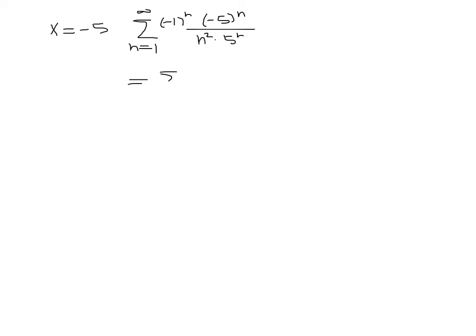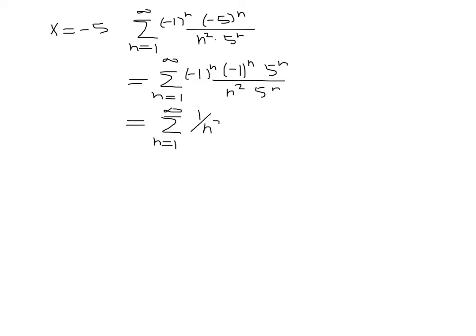So that will be the sum from n equals 1 to infinity, -1 to the n, -1 to the n, 5 to the n, over n squared 5 to the n. The 5 to the n's cancel, and actually so do the -1 to the n's. So we will just have the sum from n equals 1 to infinity of 1 over n squared, which actually converges as it's a p-series with p equal to 2.